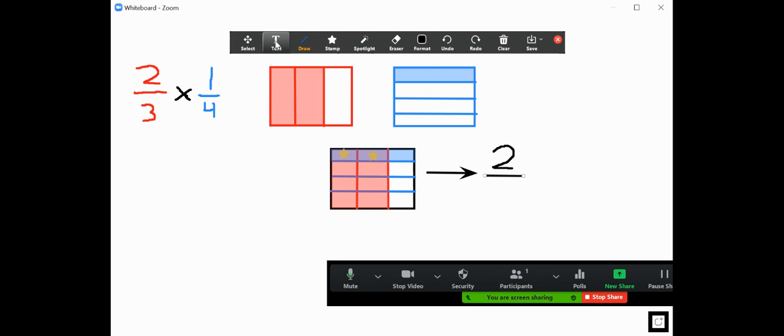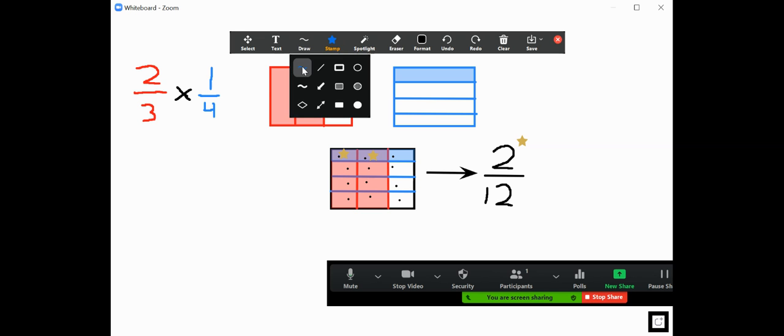Well, the denominator happens to be the total amount of parts. So if we're looking here, we do have 1, 2, 3, 4, 5, 6, 7, 8, 9, 10, 11, 12. So there are 12 total parts. So again, this is the 2, this is the 12.